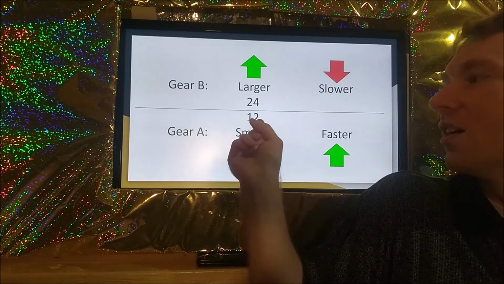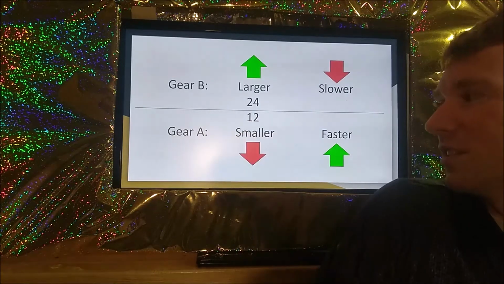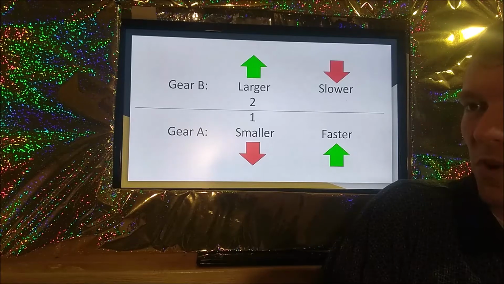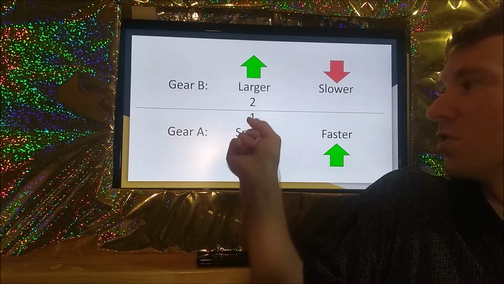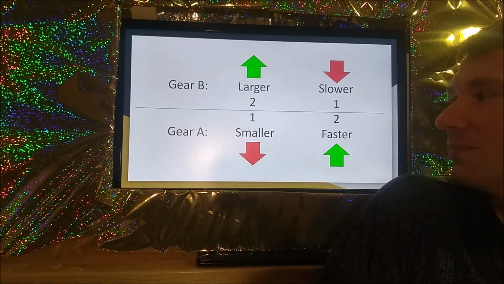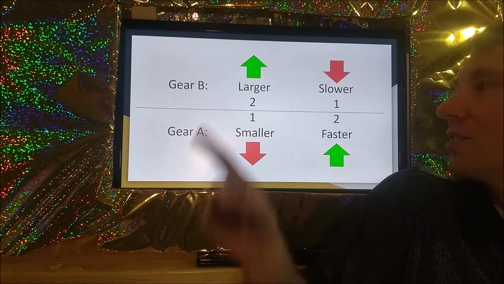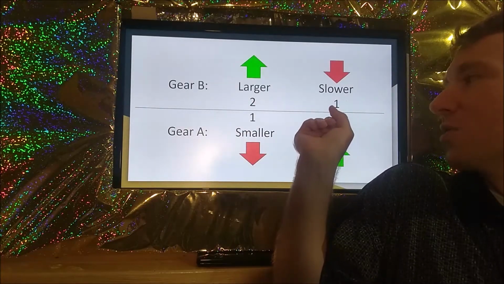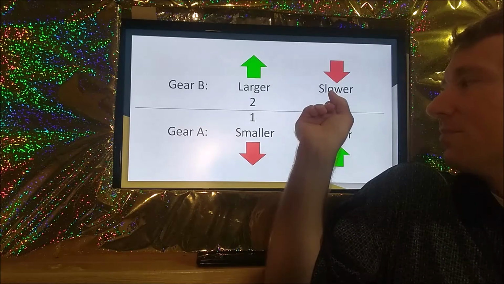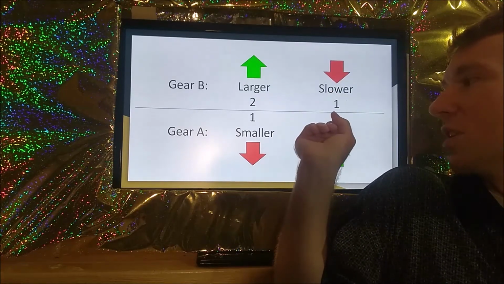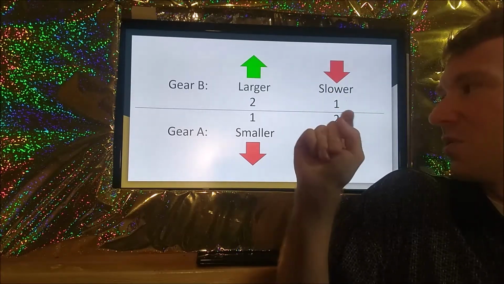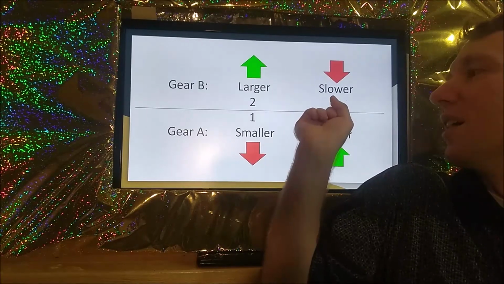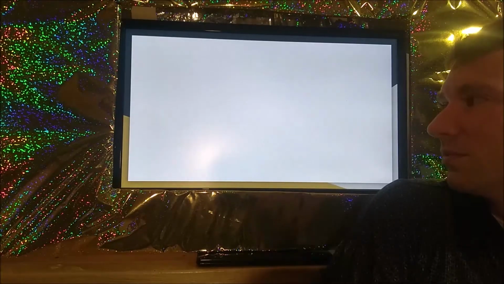Gear A has 12 teeth. If we put it in comparison, there is 1 tooth for every 2 teeth. So gear A is going 2 times faster. That little small circle inside is going 2 times faster than gear B's circle.